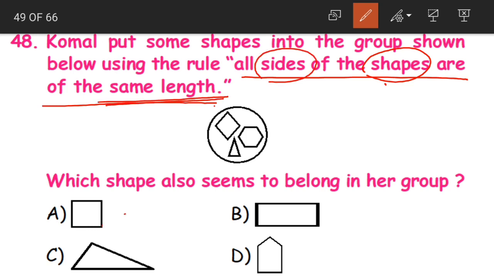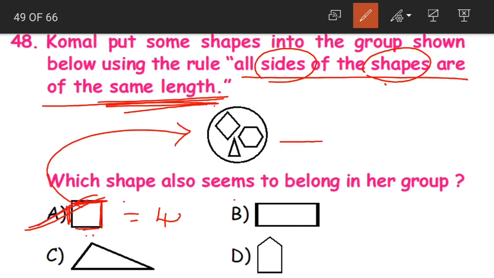Now how many sides does our square have? It has 4 sides. So are all these 4 sides of the same length? Yes. The main property of our square is that all the sides of the square are of the same length. So we can put our square in this group. When it comes to a rectangle, only the opposite sides are equal.